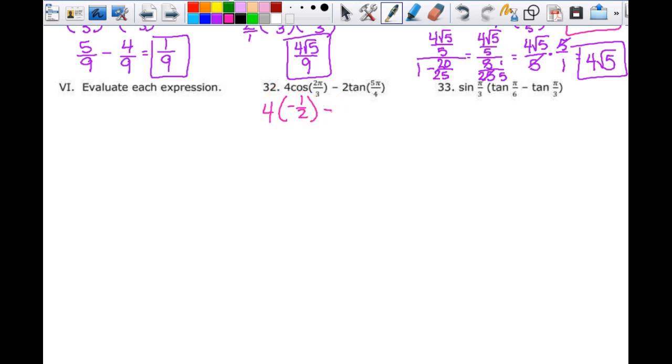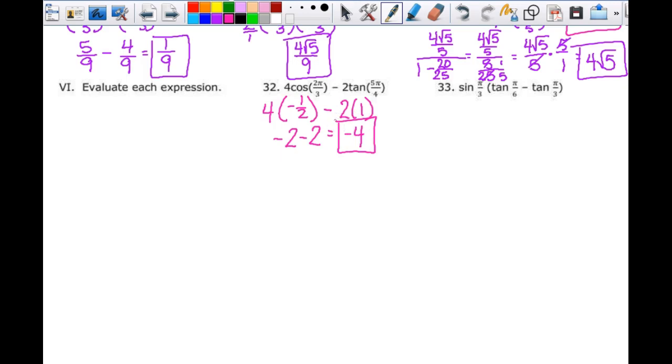Minus 2 times the tangent of 5 pi fourths. My reference angle is pi fourths, and that's 1. But then I'm in the third quadrant, and in the third quadrant, tangent is positive, so it's just 1. So minus 2 times 1. 4 times a negative 1/2 is a negative 2. Minus 2 gives me a negative 4.